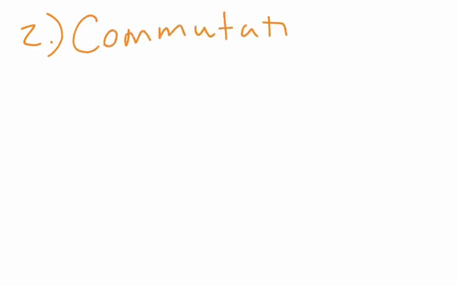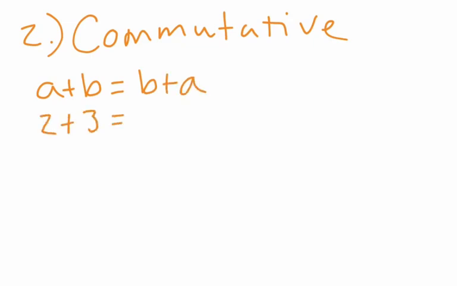Second property, and you'll have heard of this, commutative. Commutativity of numbers. When I taught middle school, I would have students actually walk around the room to illustrate this. But this is what commutativity means. It means A plus B is the same as B plus A. In other words, 2 plus 3 is the same as 3 plus 2.